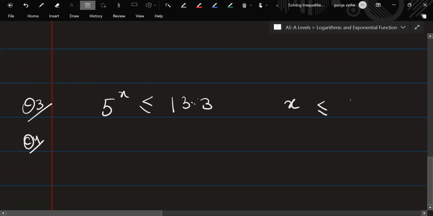X is less than or equal to 1.61. Absolutely correct.